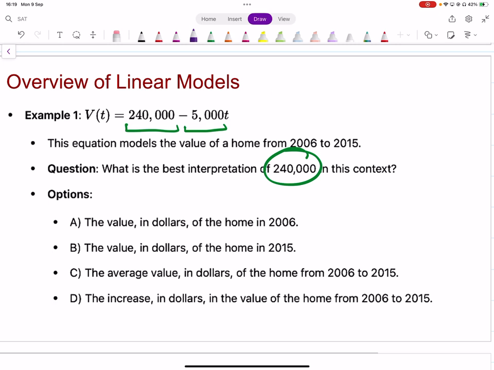This is the value when t is equal to 0, when time was 0, initial value. When is that? In 2006. So you would say it represents the value of the home in 2006. Is that okay? So it represents the initial value. So you should be able to interpret this from a given equation.